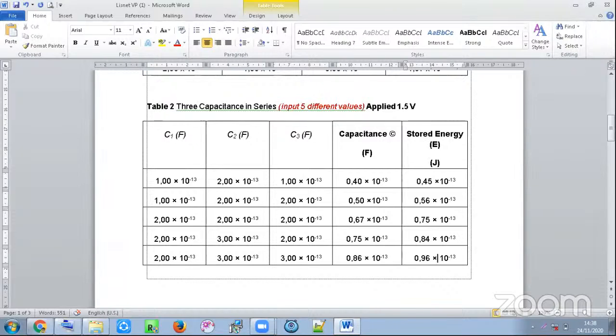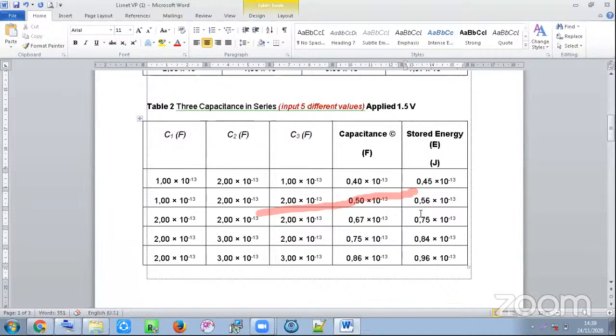And the result of capacitance and stored energy are 0.75 times 10 to the power of minus 13 and 0.84 times 10 to the power of minus 13.